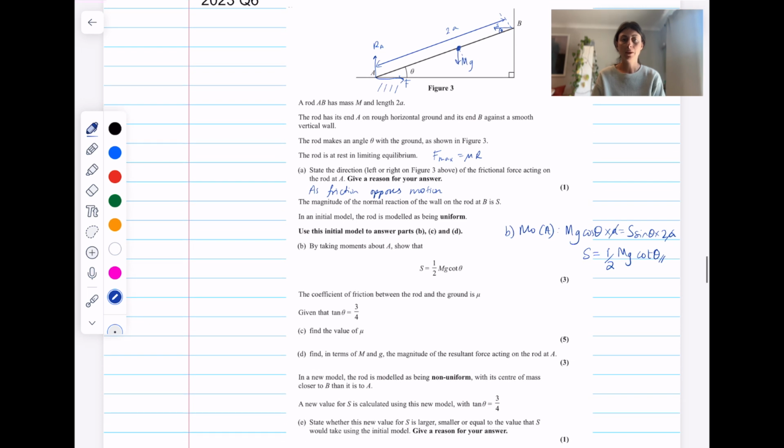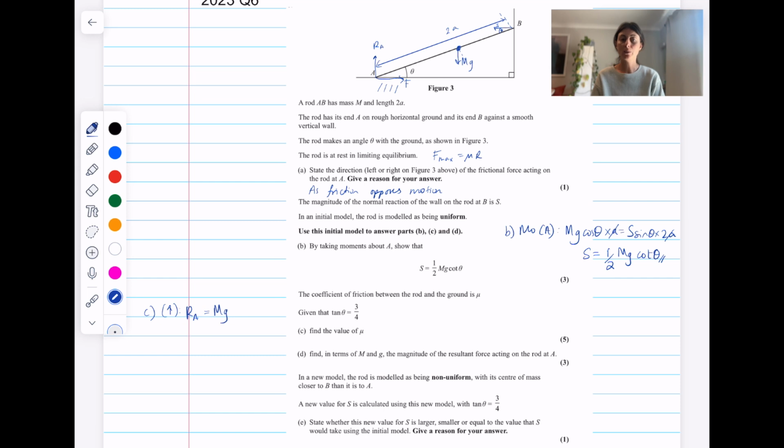Part C. Given that tan is 3 over 4 and we know the coefficient of friction is mu, find the value of mu. Now let's do our vertical and horizontal resolving if you haven't already.